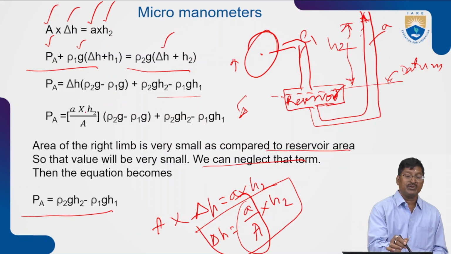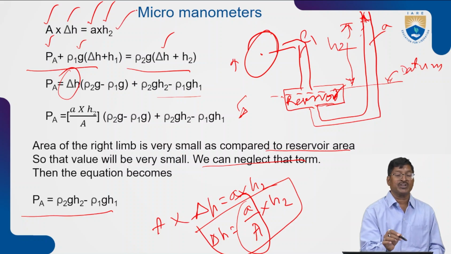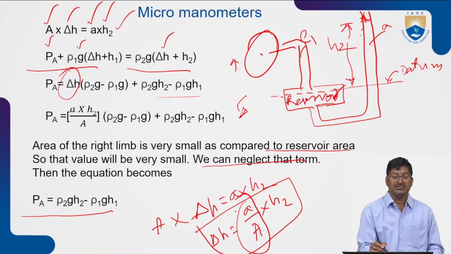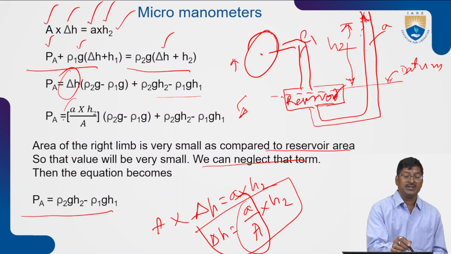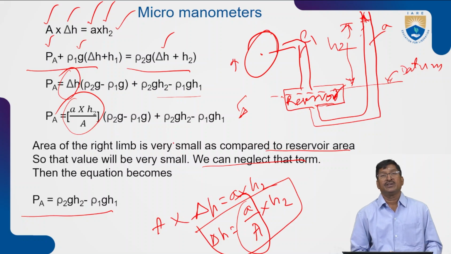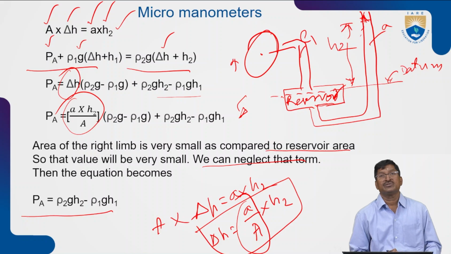But in the place of delta H, from the first equation, capital A delta H is equal to small a H2. Therefore, delta H is equal to small a by capital A into H2. So you can replace delta H with this and you will get this equation. But you see the area of the right limb is very, very small compared to the reservoir area.